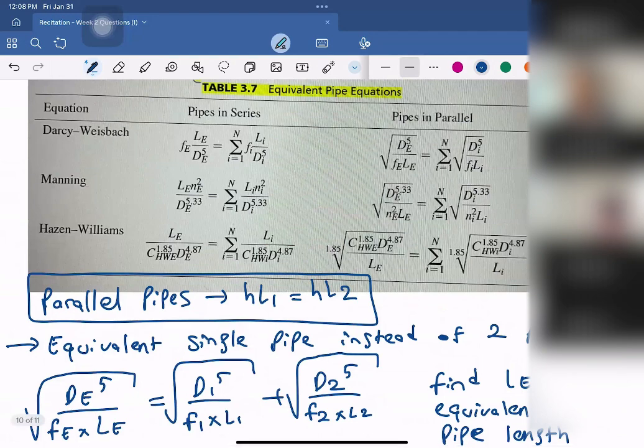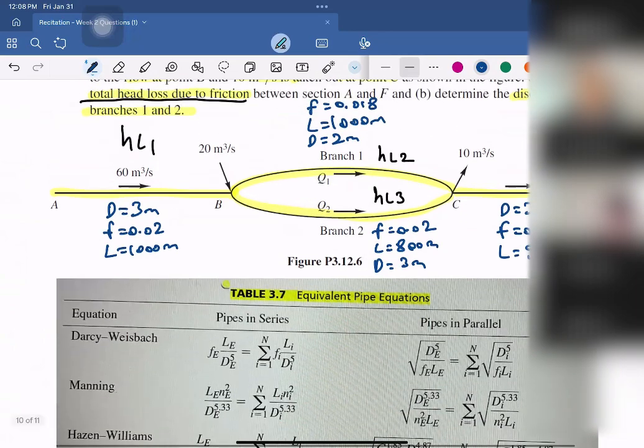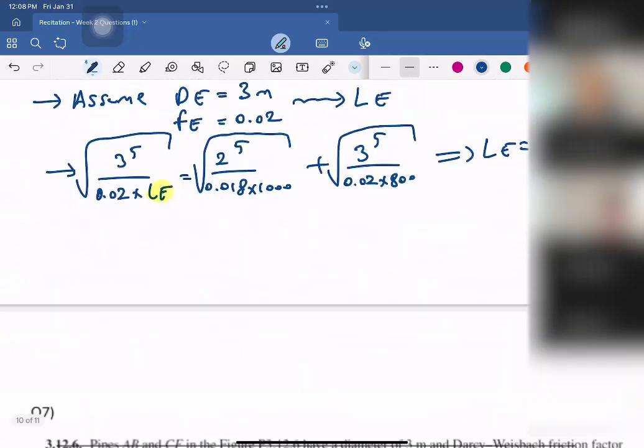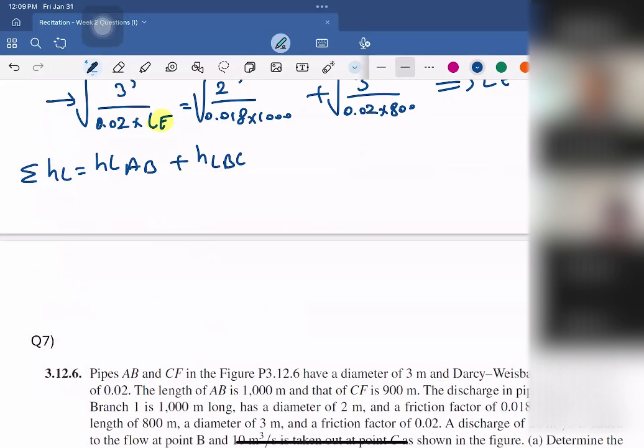Now, since we know that, we can calculate the total head loss as HL A to B plus HL B to C plus HL C to F.